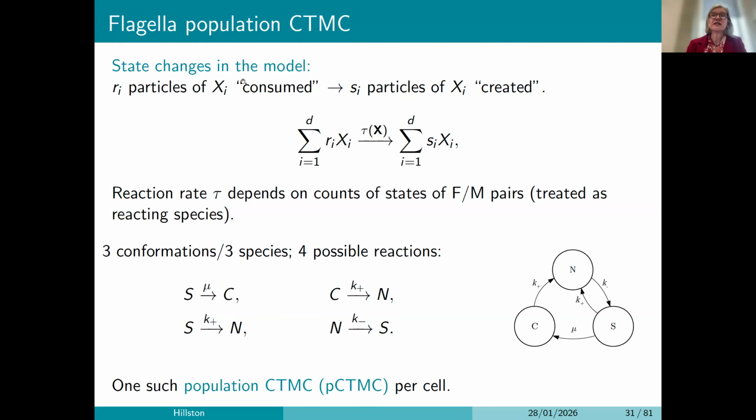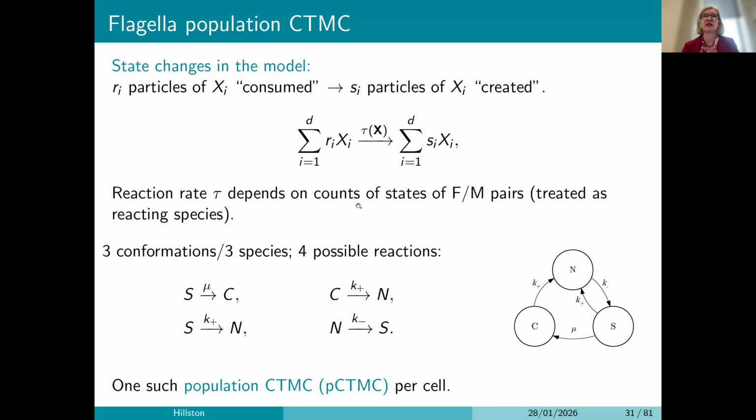So the state changes inside the model we represent in chemical reaction form. So we say that we have some number of particles of some type, which we call a species, and through a reaction we then get a number of particles of a different type.